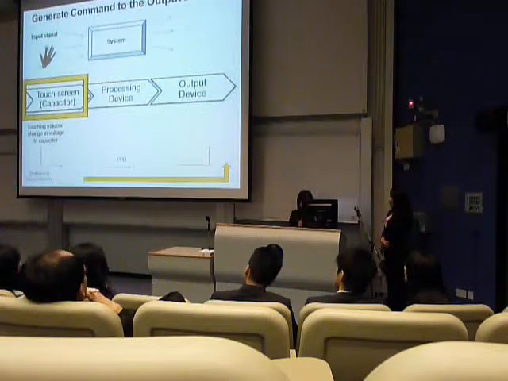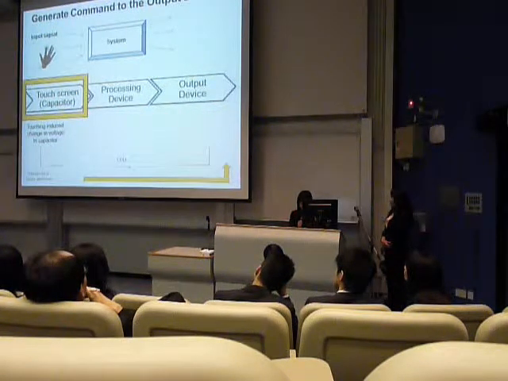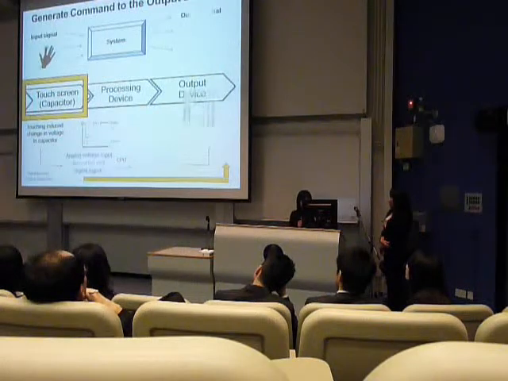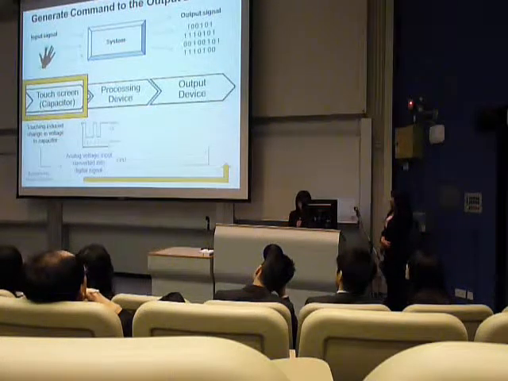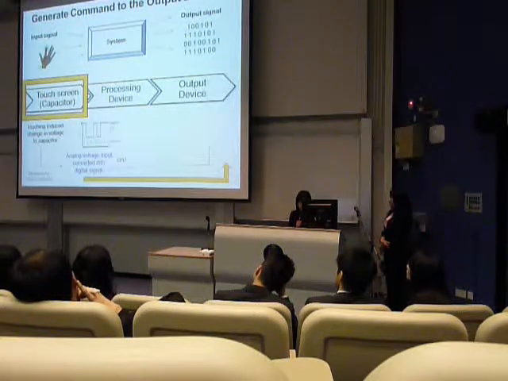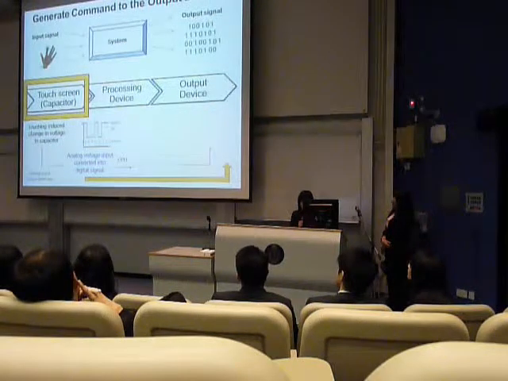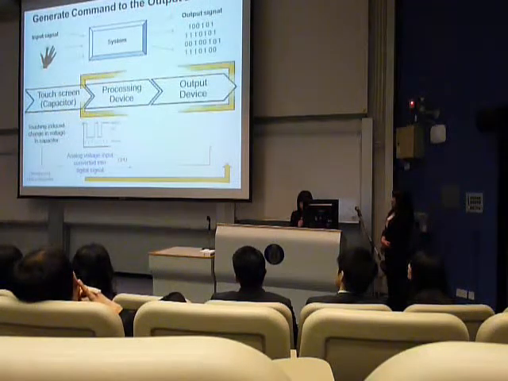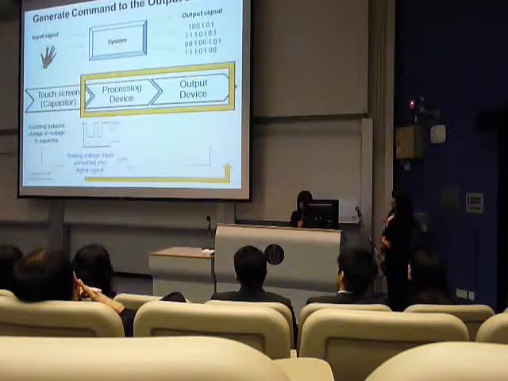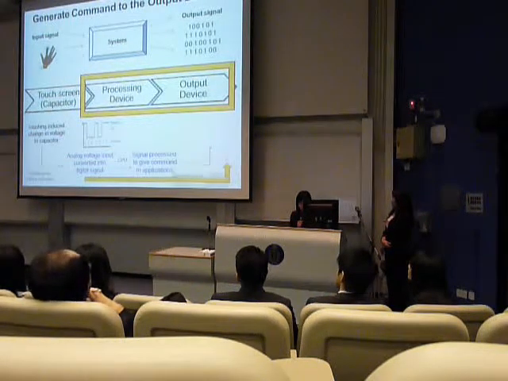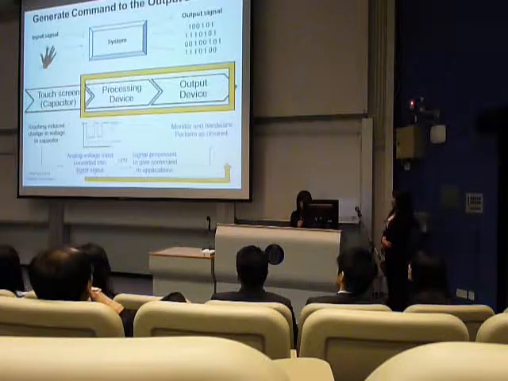After the analog signal is generated, it goes through an analog to digital converter and becomes a digital signal. The processing device, that is the CPU, will interpret the signal as a command to the applications, and the output device, which are the screen and the hardware, will perform as desired.